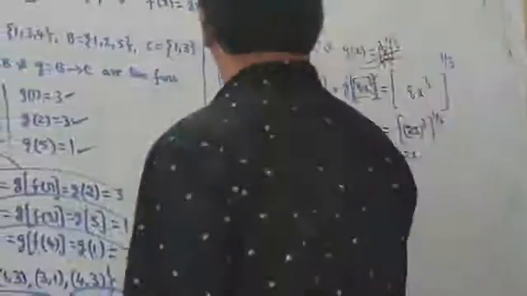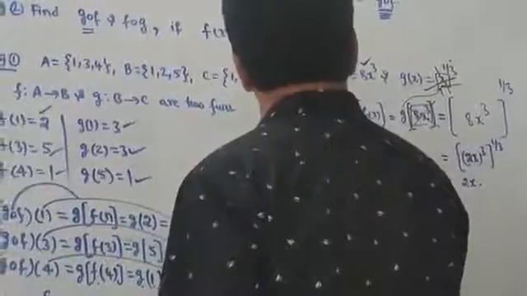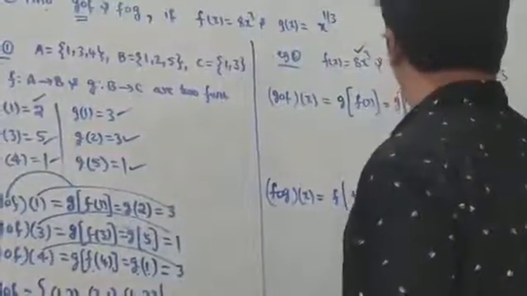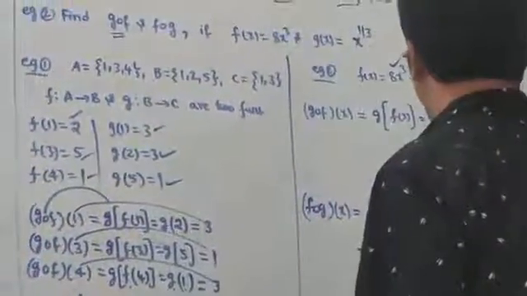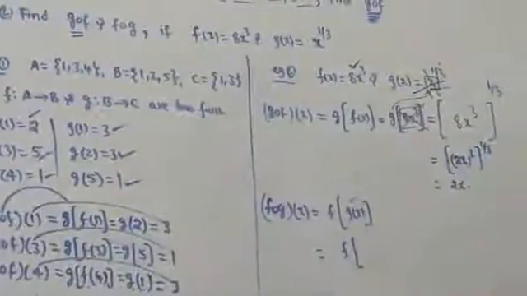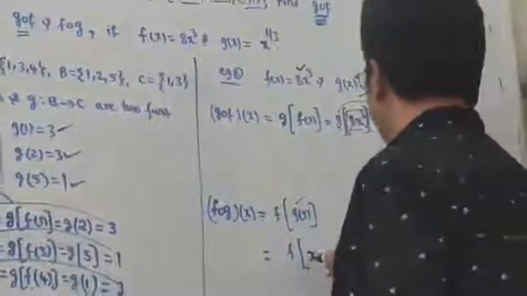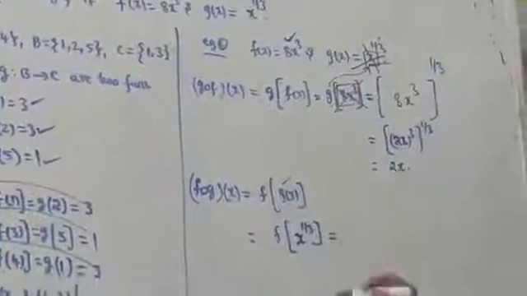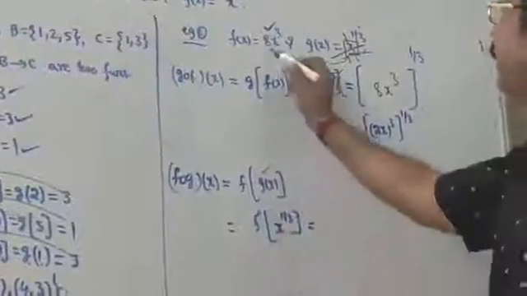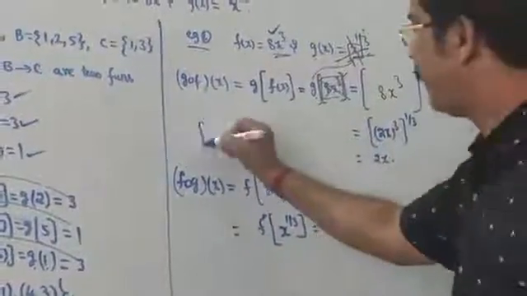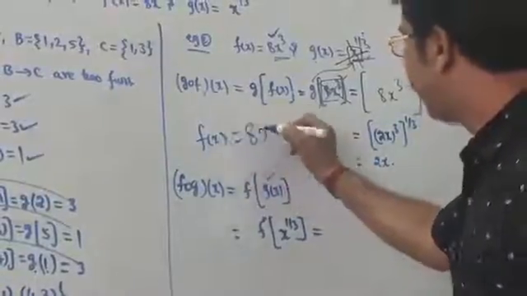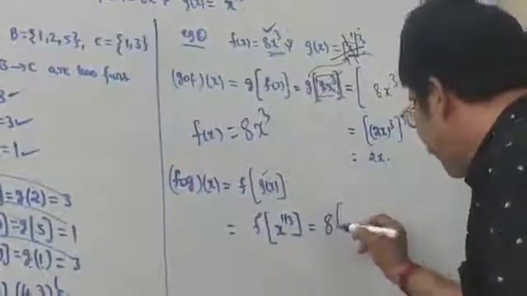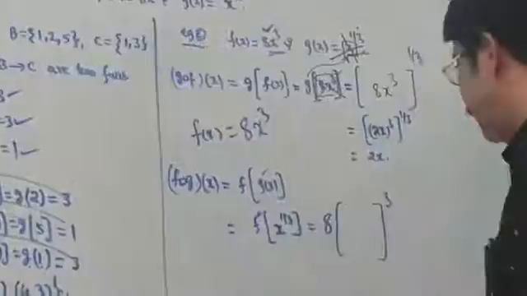Next, F circle G of x. So F of G of x is equal to F of, what is G of x? G of x is defined as x to the power of 1 by 3. F is what? F of x is 8x cubed. It is given. So F means 8 something cubed.